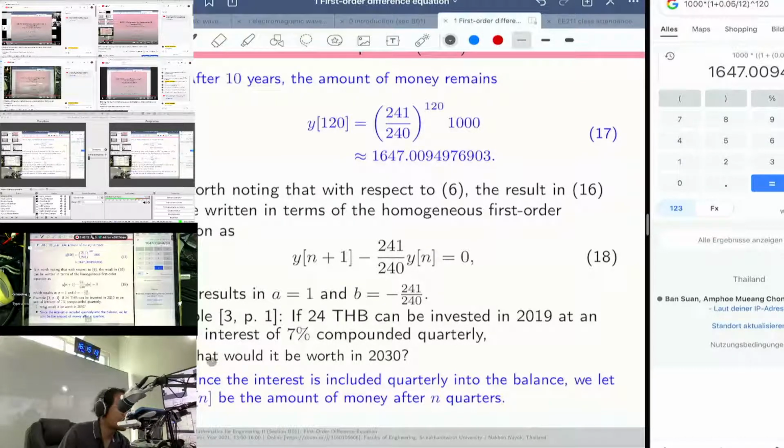Okay, the interest is computed quarterly by this amount 7%, but this is the rate for the whole year. Okay, what would it be worth in 2030, 11 years later?